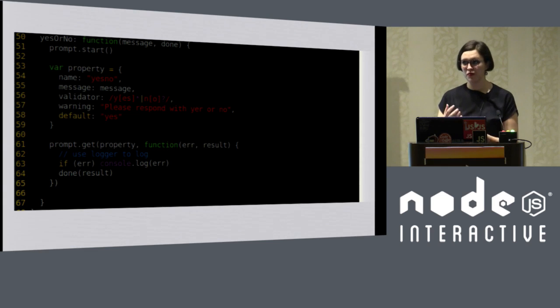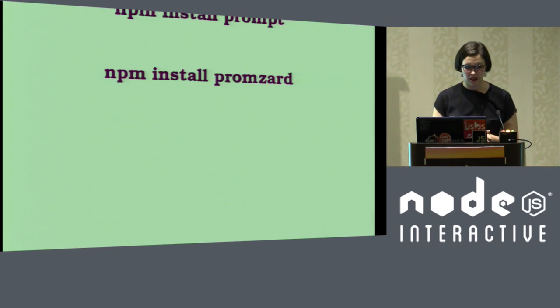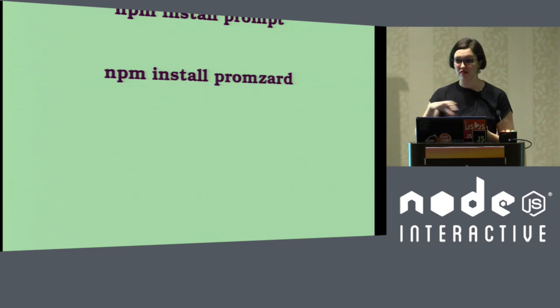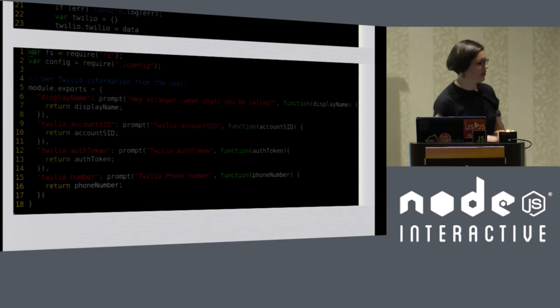You get the input from the user within the shell, and they're interacting with it. There's promzard, which is, I think, Isaac's module that you can run a file through if you have multiple questions for the user to answer, like what's your config file, what's your name. I've used it like that previously, where I ask for the Twilio authentication tokens and SIDs and things like that, which I then store in a file because it outputs it as JSON.